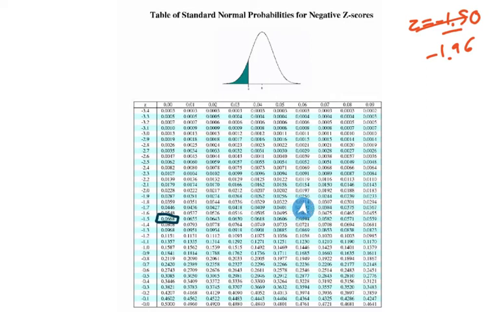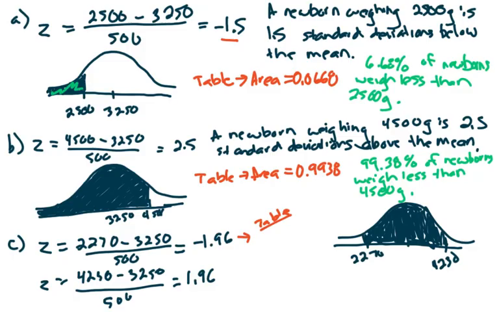So I get 0.0256. Excuse me, 0.0250. And that's what this area is.